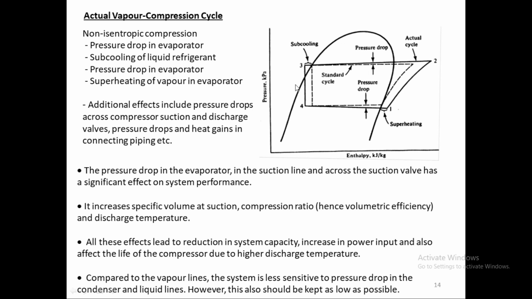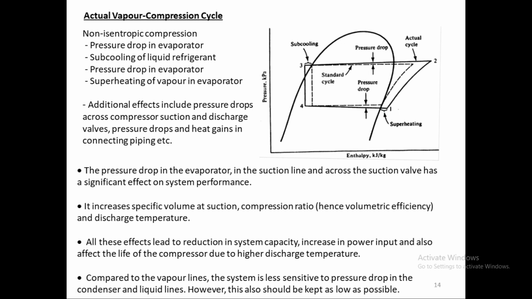So for that purpose we deploy a heat exchanger between these two points, between the liquid coming out from the condenser and the vapor going out from the evaporator. We transfer heat between the two.